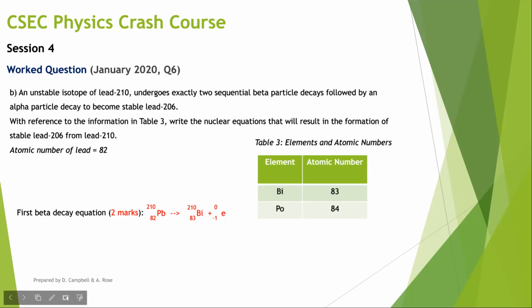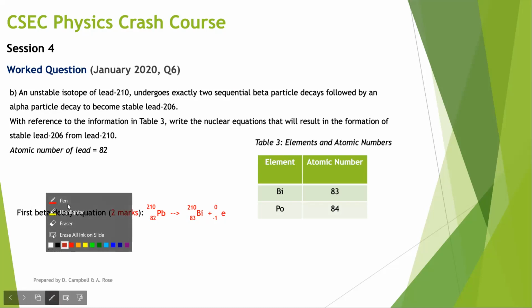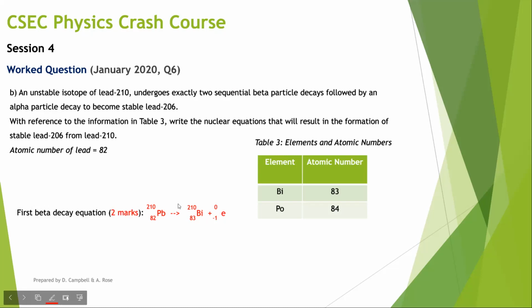So notice if you add the numbers on the right, 210 plus 0, you get 210 again, and 83 plus -1 gives you 82. You can use that kind of procedure to double check your answer. Just ensure that when you add the numbers on the right, you get the same number that you have on the left.